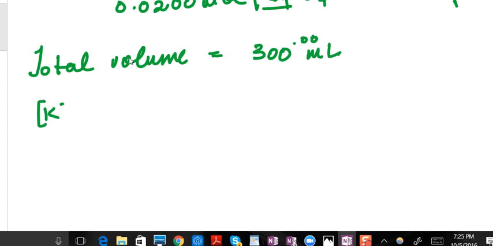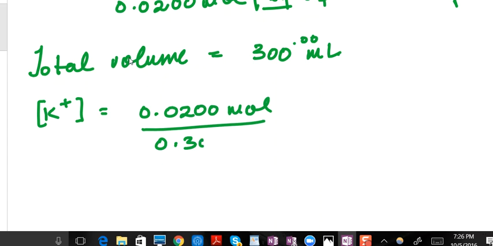So the concentration of K plus, for example, is going to be 0.0200 moles divided by 0.300 liters. And there might be more sig figs than that, okay? So that's going to be whatever number that is, 2/3 molar, okay? Not 2/3, but a little bit less than that. The concentration of OH minus, there is no concentration.